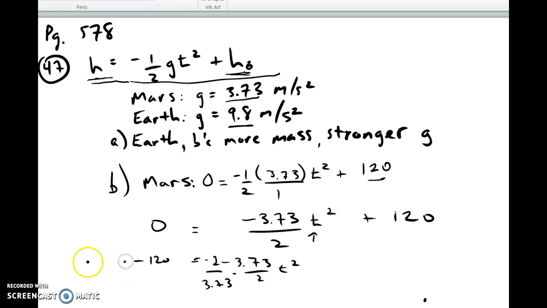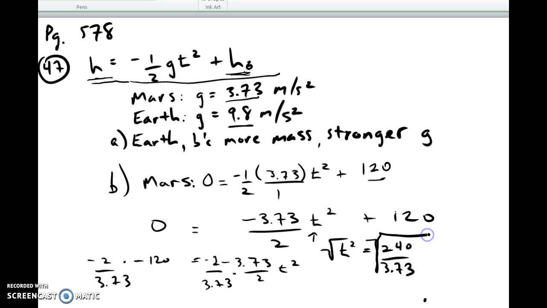Well, I'm not finished. So I've got t squared is equal to positive 240 divided by 3.73, and now you have to take the square root.